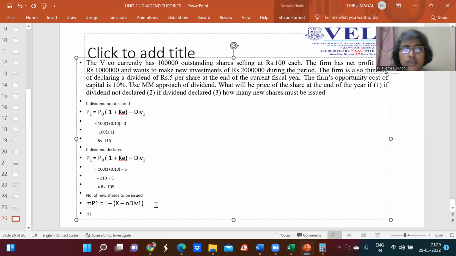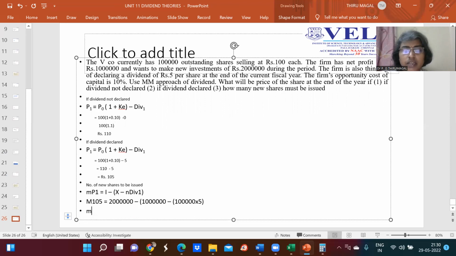P1 is the price of the share when dividend is declared, that is 105, equal to I, the investment the company wants to make, which is 20 lakhs, minus X, the net profit or net income, that is 10 lakhs, minus N, the number of shares, which is 1 lakh, multiplied with the dividend per share of 5.